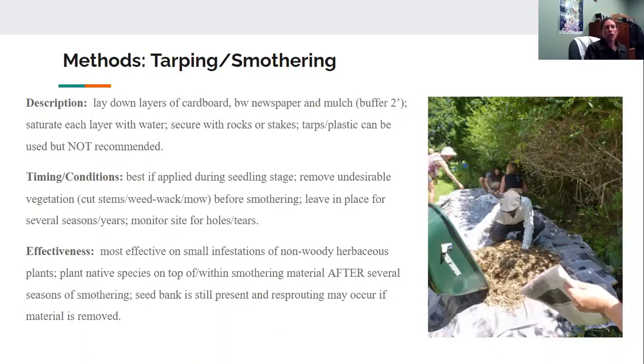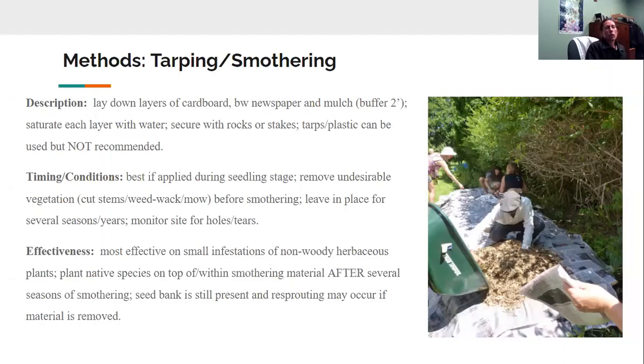And you want to make sure that you're buffering your infestation at least 2 feet, because you want to make sure that you're covering any area that might have additional seed source that you weren't aware of, or if you're trying to manage an invasive that throws out runners or rhizomes of some sort. So it's a good idea to buffer about 2 feet.